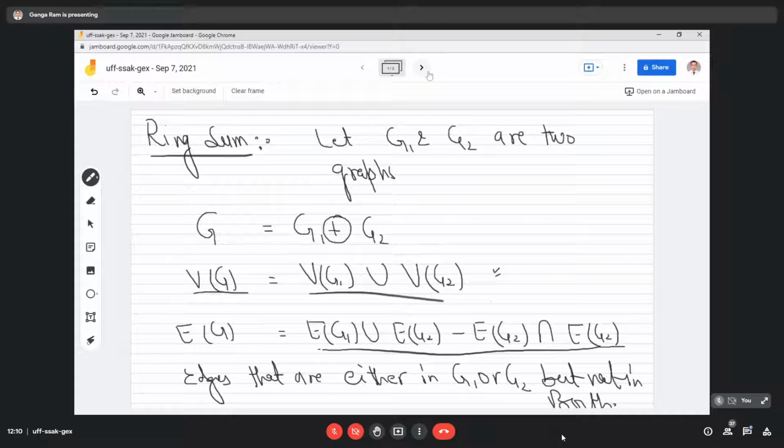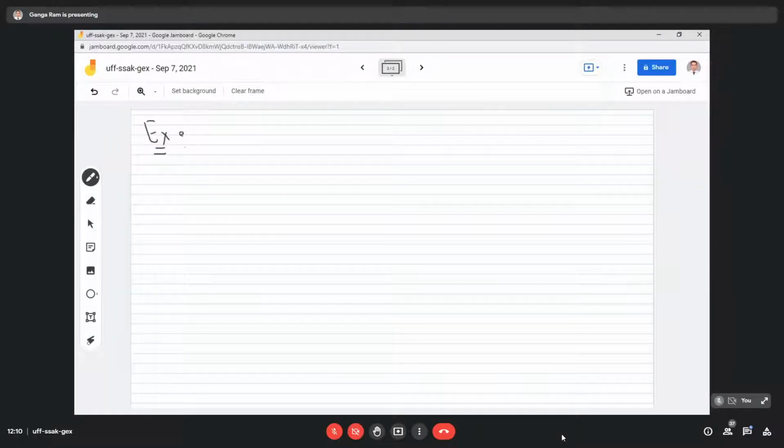Now you will get it by taking one example. Suppose I have a graph G1 here. I take this simple graph: this is V1, V2 and V3, and edges E1 and E2. Suppose this is the G1 graph.